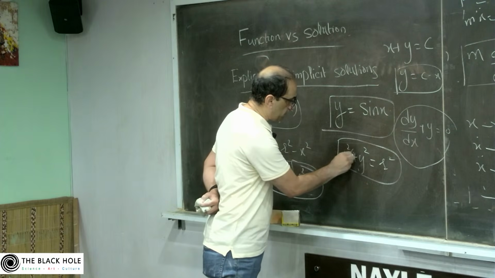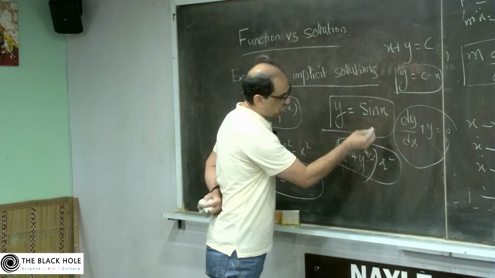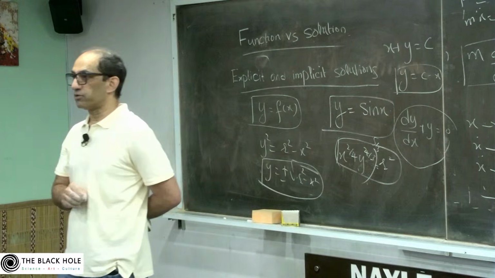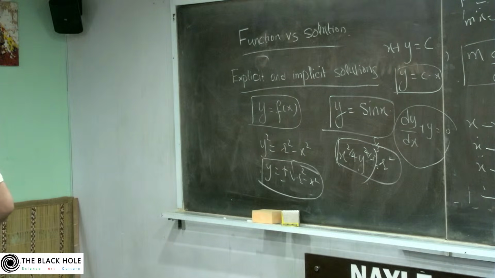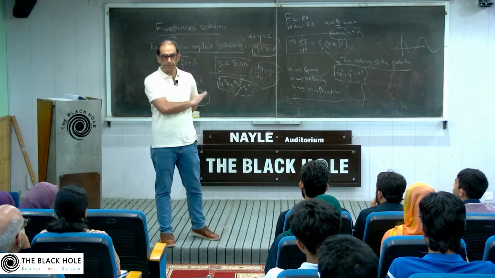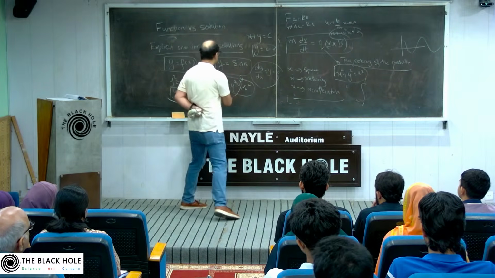Maybe 2/3, 4/3 here, and maybe 5/3 here, and that is equal to r square. Already you can see that it would be kind of tricky, but it is still doable. I won't say it is not doable.